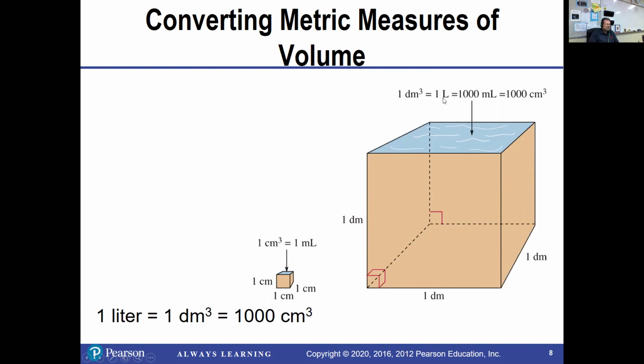So they designated a liter of water would fit into a volume of a cube that's 10 centimeters wide. All right, so 10 by 10 by 10 is 1,000 centimeters cubed. Okay, so that is just a standard move over.